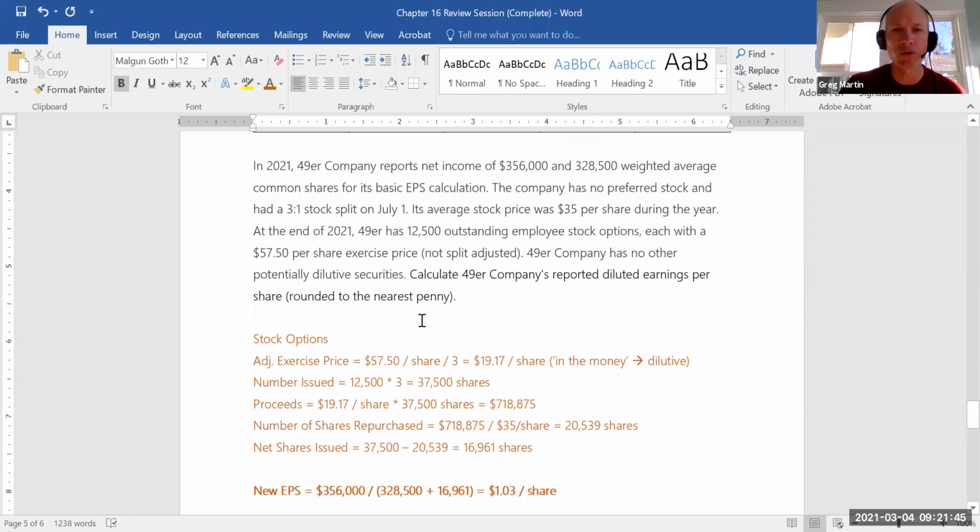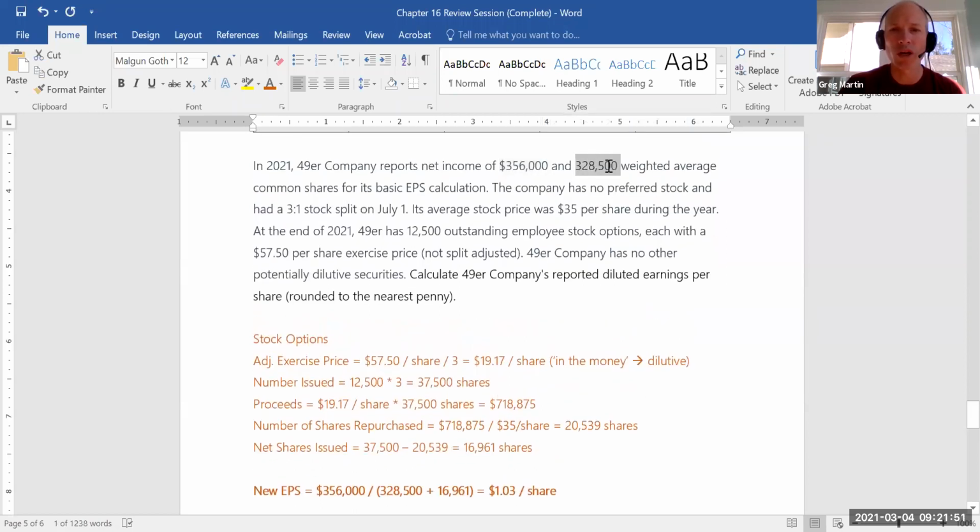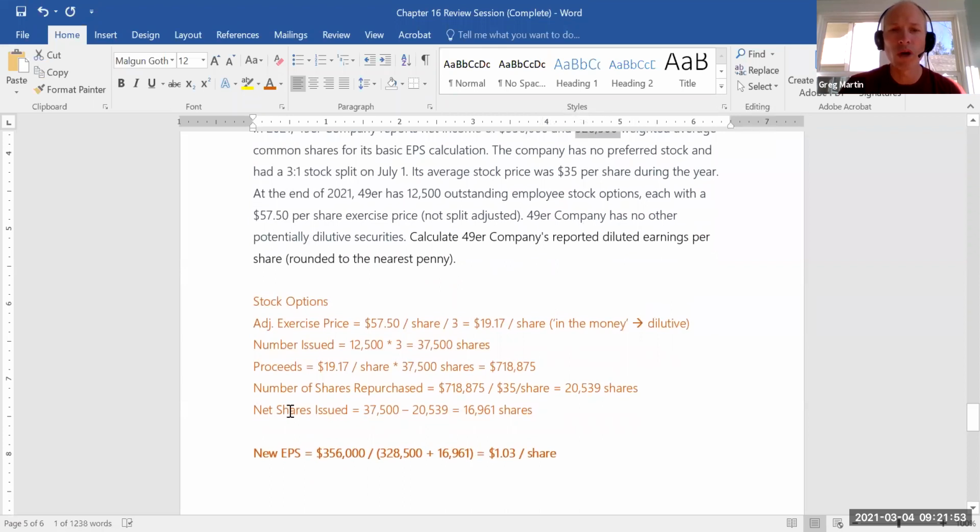The numerator is 356,000, which is the net income. The denominator originally was 328,500, but with these dilutive stock options, the new denominator must include the new net shares issued. So we add those two up. And so our diluted earnings per share would be $1.03 per share.